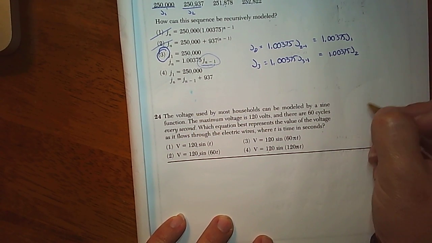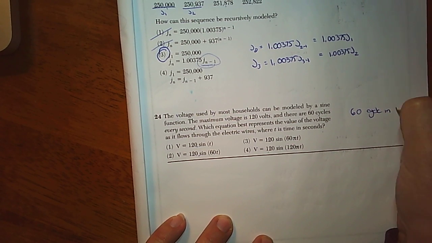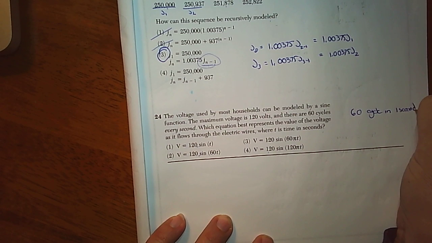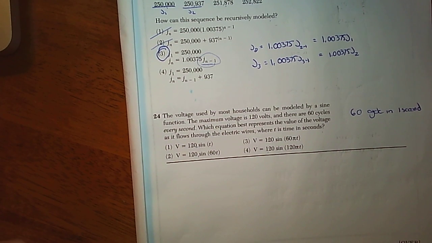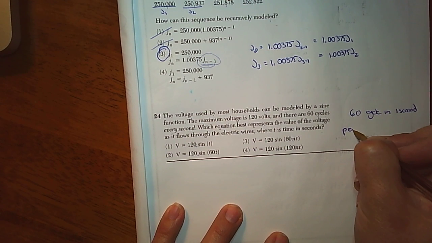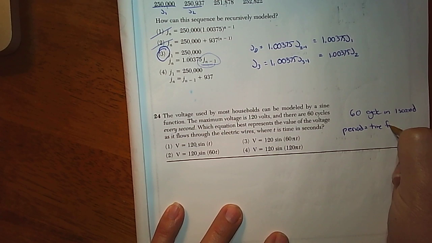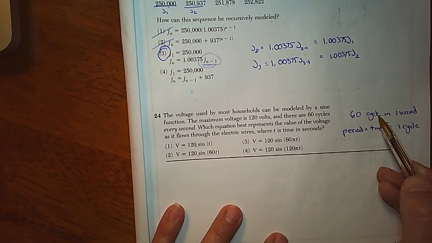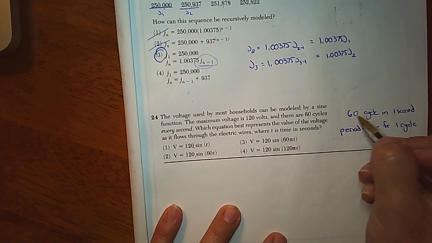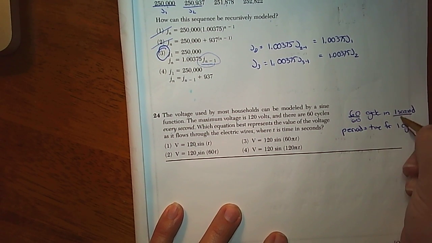All right, so let's talk about this. 60 cycles in 1 second. The period is how long it takes for 1 cycle. Period equals time for 1 cycle. So if I want to find out what 1 cycle is, I've got to divide this.